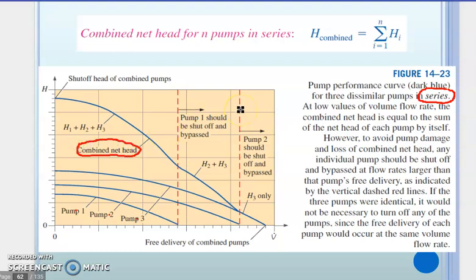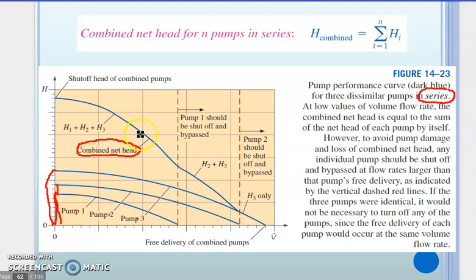If the pumps are arranged in series, the head will increase. So you need to combine the head for pump 1, the head for pump number 2, and the head for pump number 3. You add head 1 plus head 2 plus head 3, and it produces the total head here.